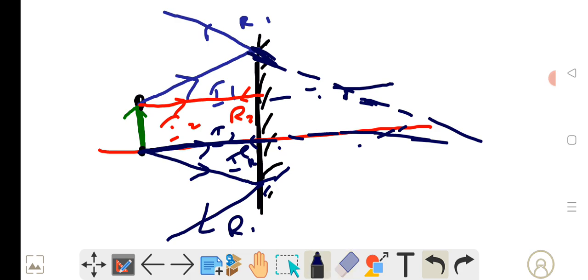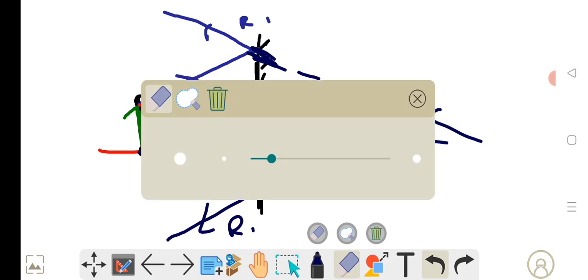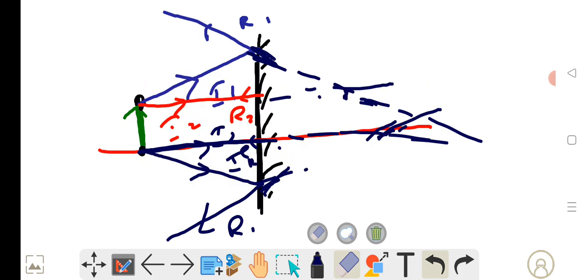As we are not using scale and angles, I think this I have drawn correctly. The top one also, just a small change, it has gone up instead of this ray.